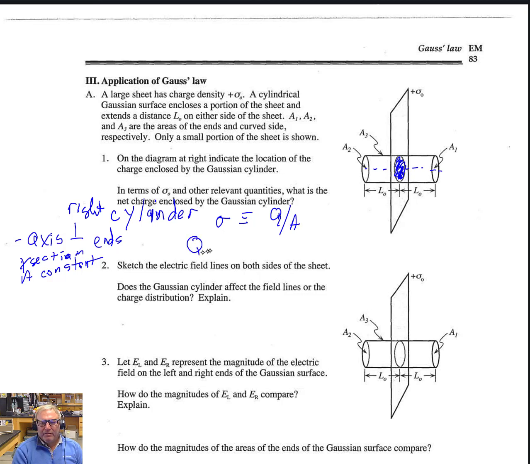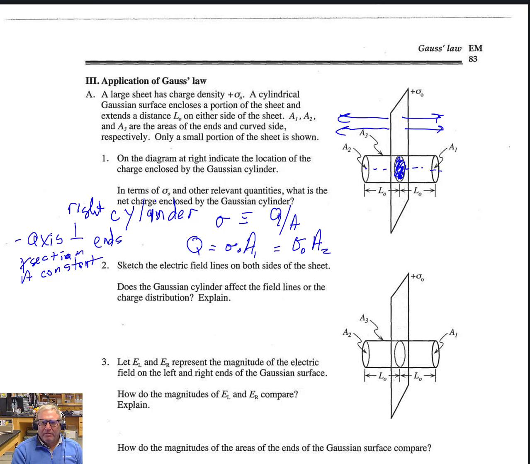So Q then is going to equal sigma times, in this case, sigma 0 times A1, or it could equal sigma 0 times A2. Sketch the electric field lines. So the field lines point out, point away, like that.